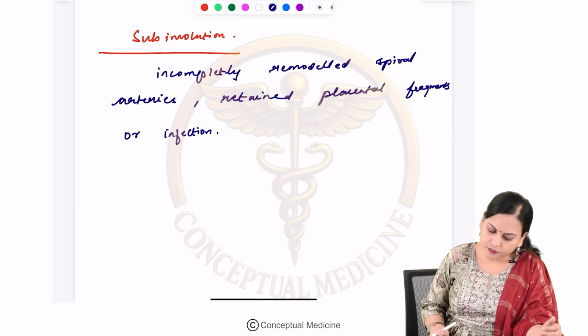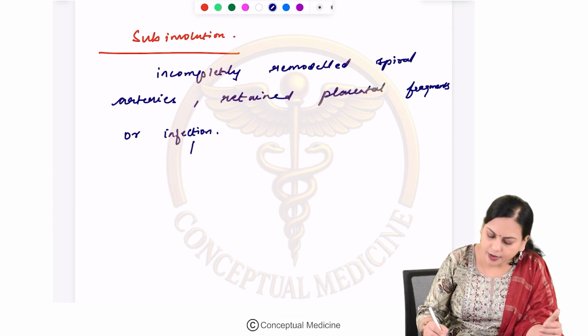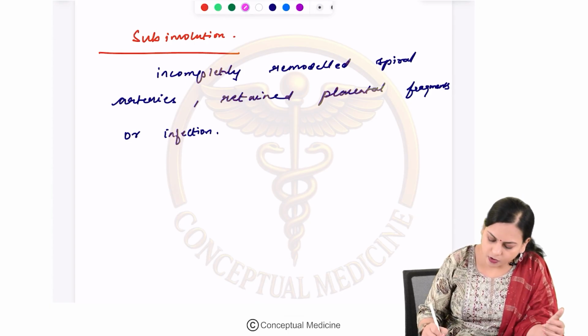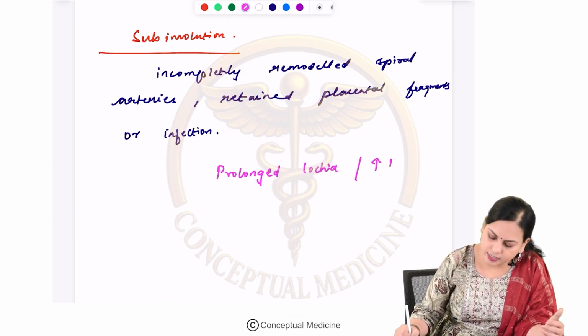Clear? What happens in this case is there is prolonged lochia or there is increased bleeding as well.